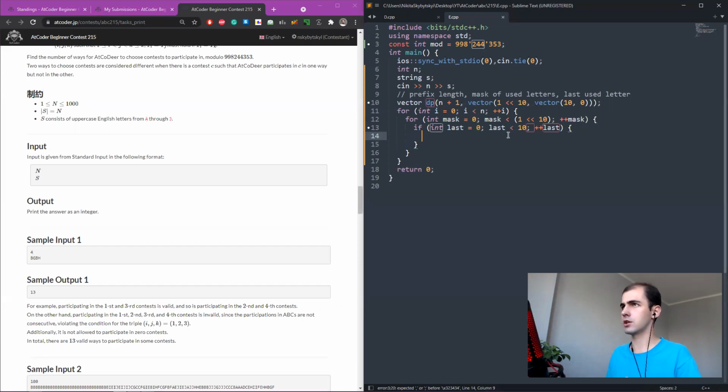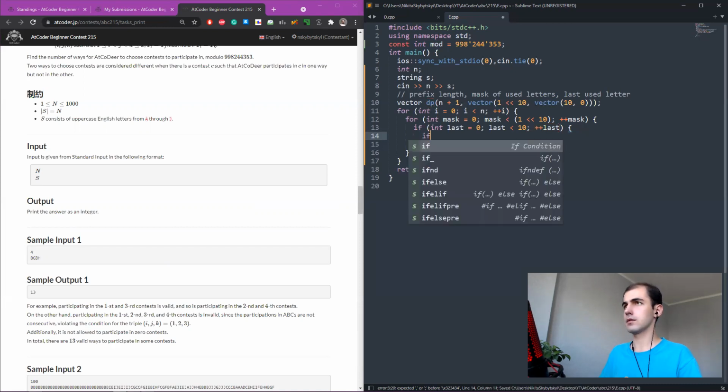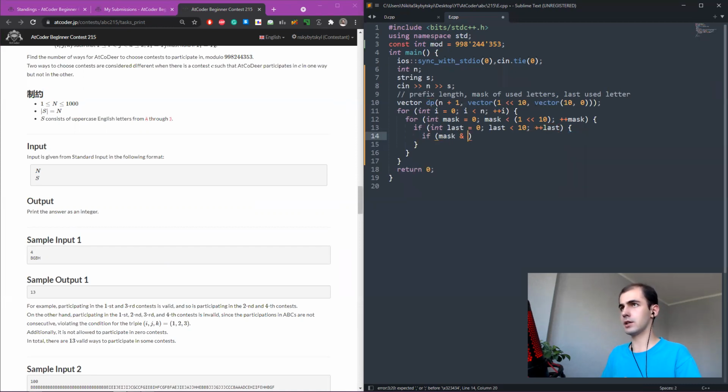First we have to check if... what's wrong here? Yeah, let's just ignore that for now. So first we need to check that last is actually included in the mask. Yes, if it's not, then DP here is 0.